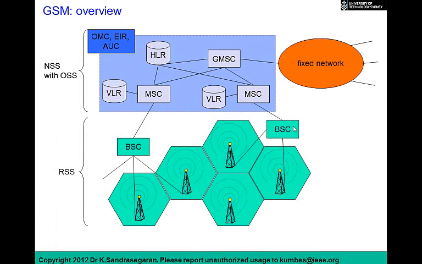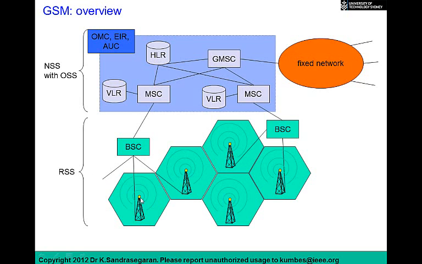Here is another diagram which illustrates the same concept in a slightly different way. In the radio subsystem you have the concept of cells, and in each cell you may have one or more base stations.